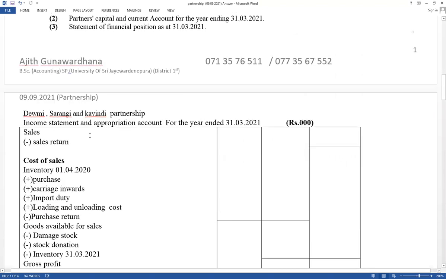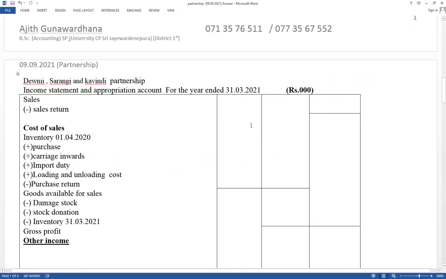This is the income statement. Three columns. All 3 partners' names should be included. Income statement and appropriation account for the year ended 31st March 21. Think sales minus sales return.